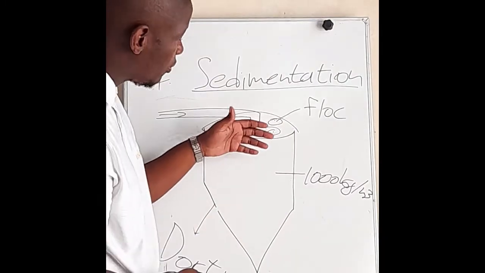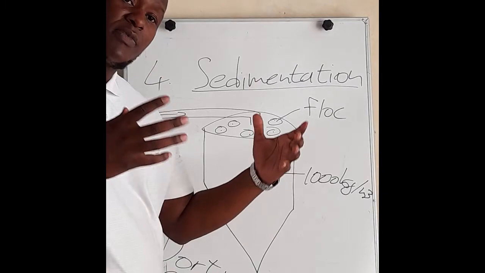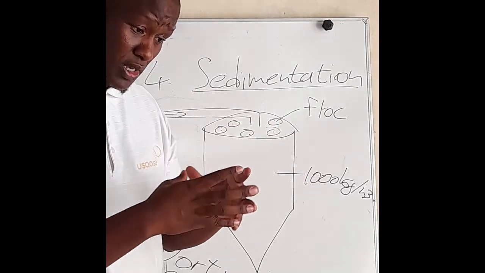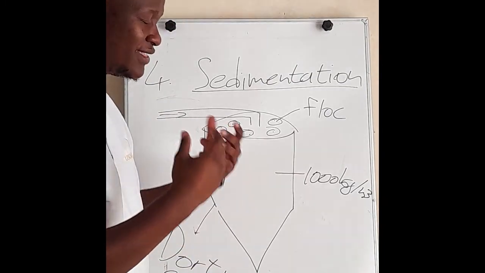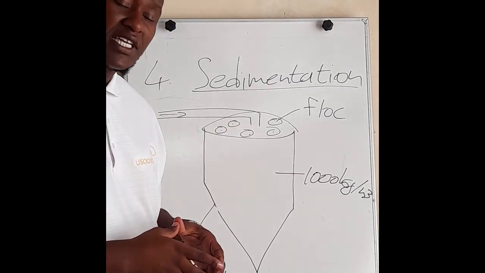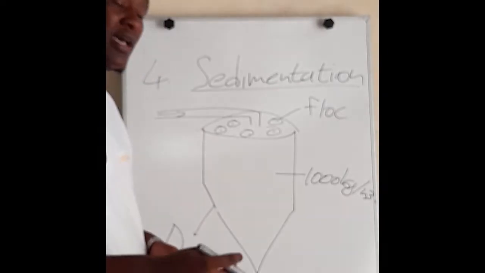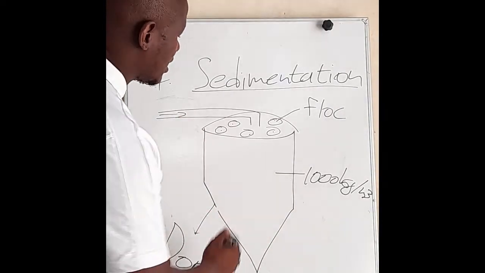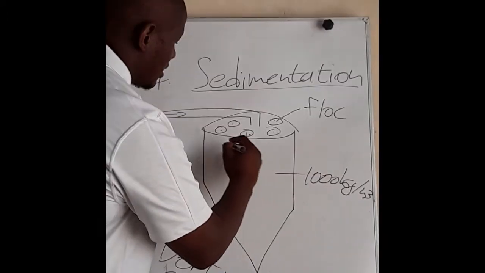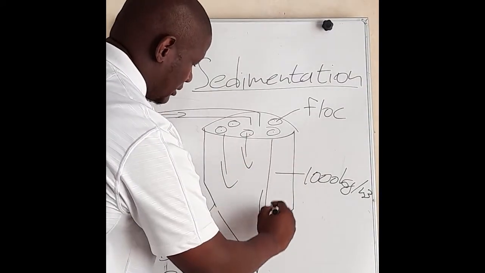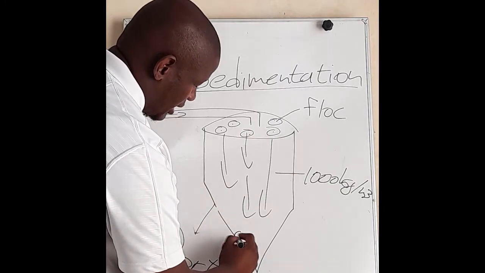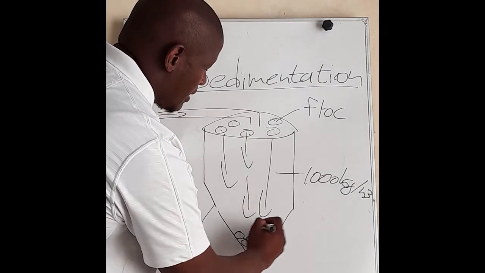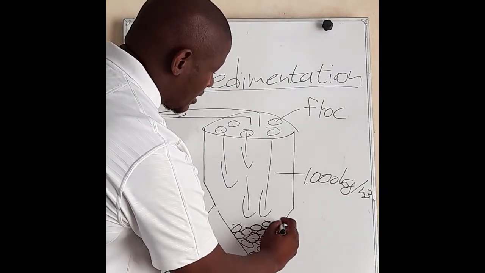But as I said before, under flocculation, those solid particles came together. They were now known as flocs, and they changed the density. By changing the density, now they are heavier than the water. They've got a bigger density than the water. Therefore, what's going to happen to them? They are going to settle right at the bottom of the sedimentation tank because now they've got a bigger density than the water.